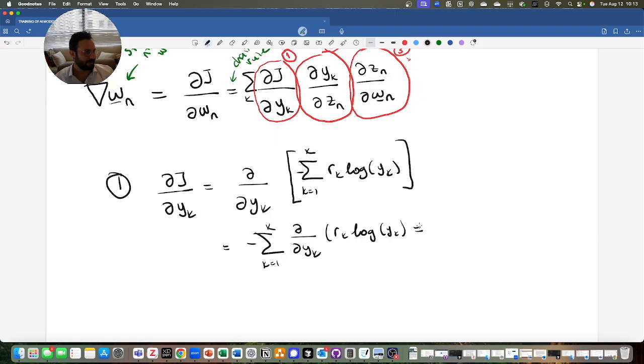And if I take the derivative of this, I will get negative summation k equals 1 to capital K rk over yk.